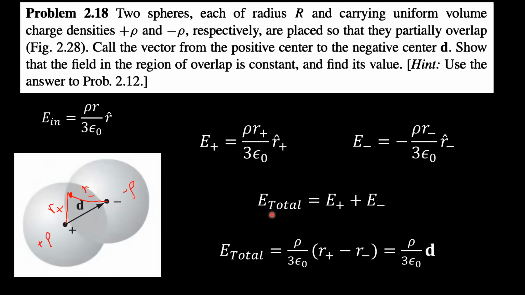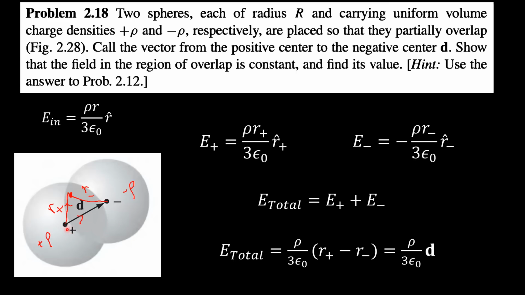So what is the total electric field? This is E sub plus plus E sub minus. If you consider the vector addition, this vector is equal to r plus minus r minus. So what is the distance between r plus and r minus?